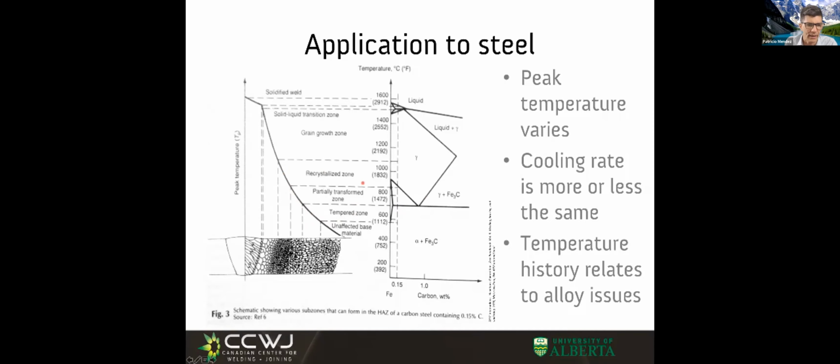At this part of the weld, I'm in between the A1 temperature and the A3 temperature. I'm in the intercritical region where I have, and anybody care to tell me where I have my red dot there? What phases exist there in equilibrium where the red dot is?